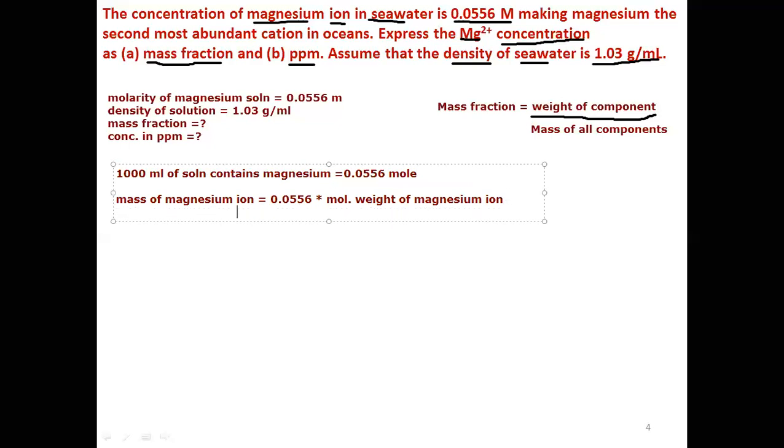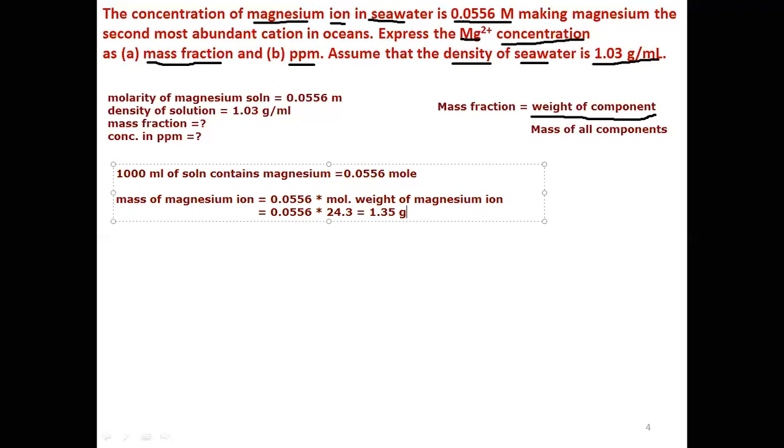So it will come out to be 0.0556 multiplied by 24.3, which, if you solve it, comes out to be 1.35 grams.